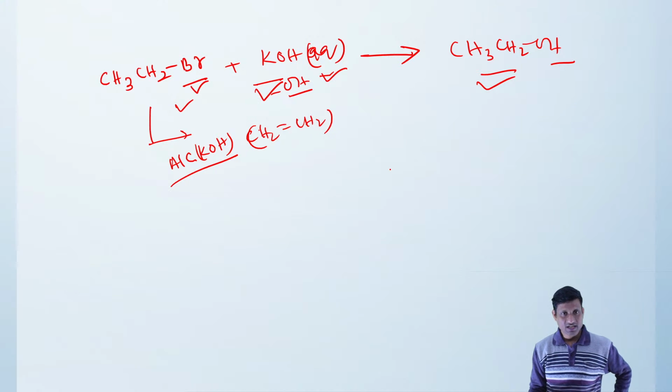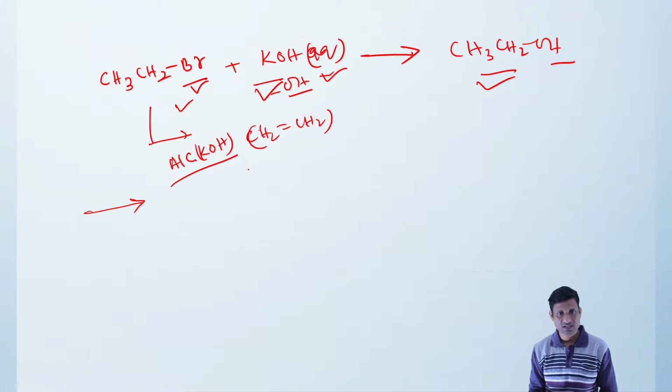Okay, so these are the small scale or laboratory scale methods. In the large scale, we do fermentation. So basically if you take sugar, C12H22O11, and do the fermentation, you can get the alcohol.